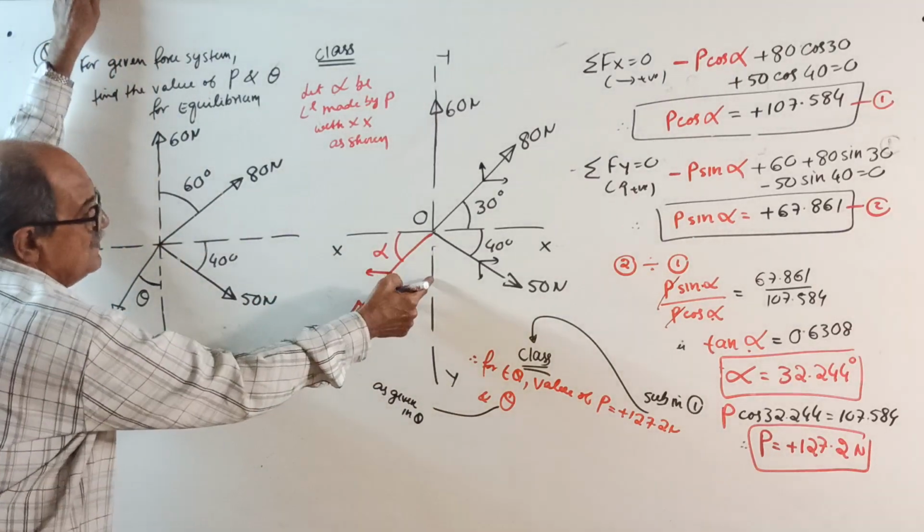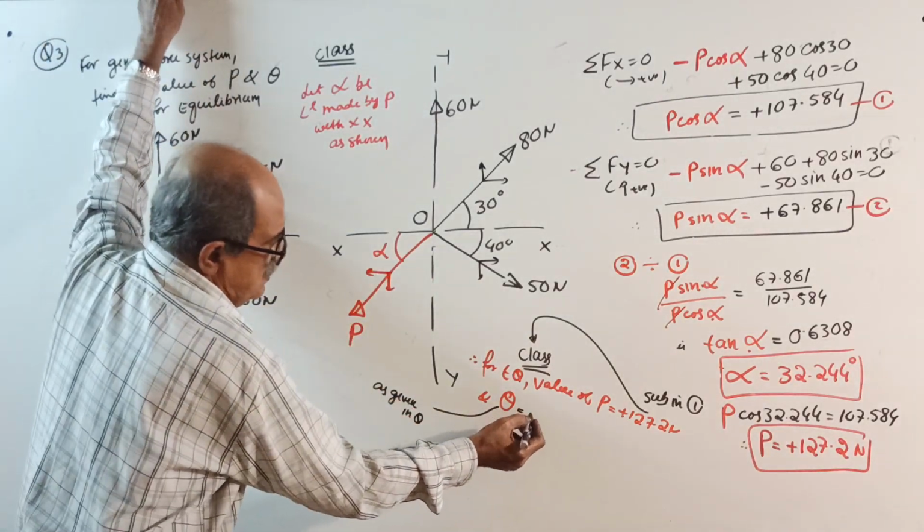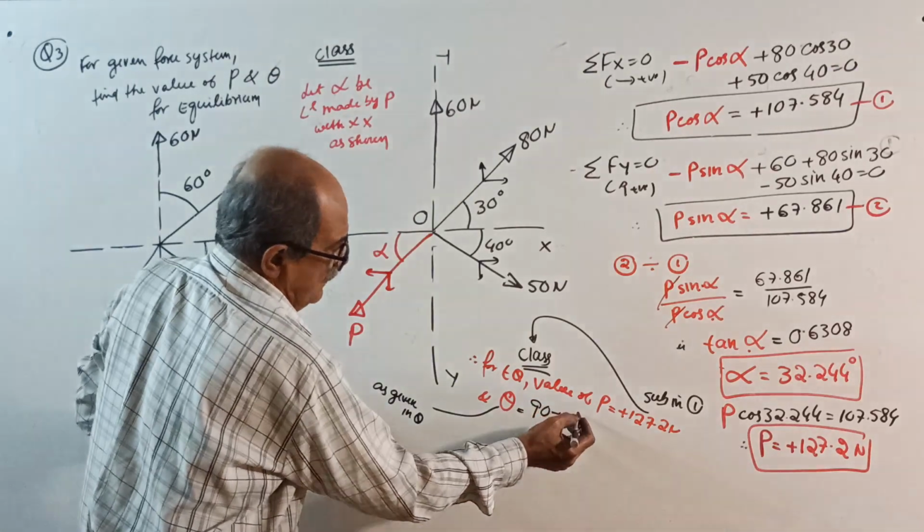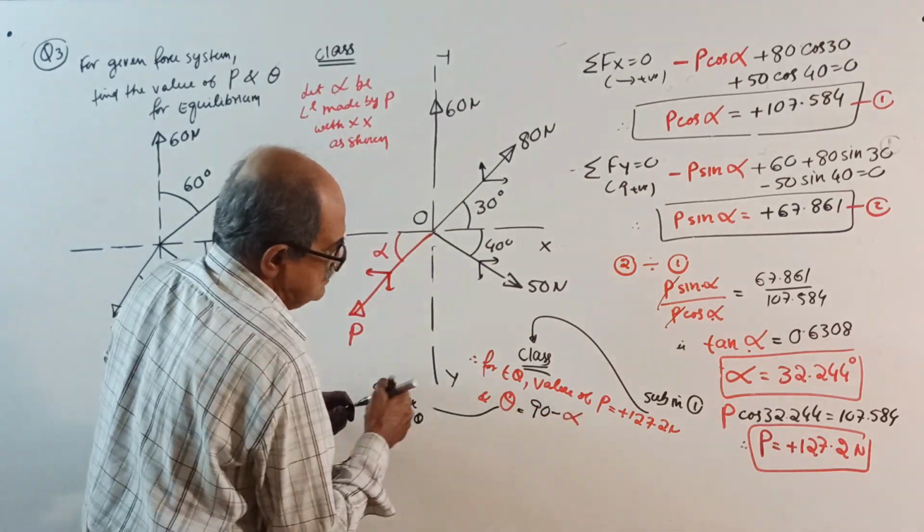They want this theta, so theta equals 90 minus whatever alpha you got.